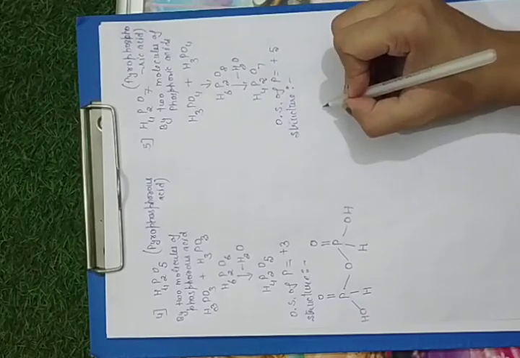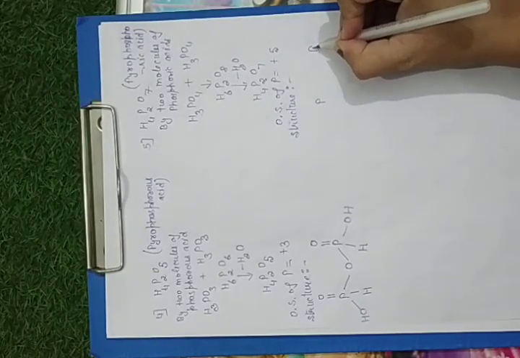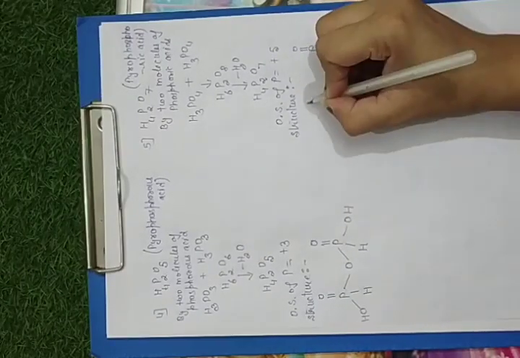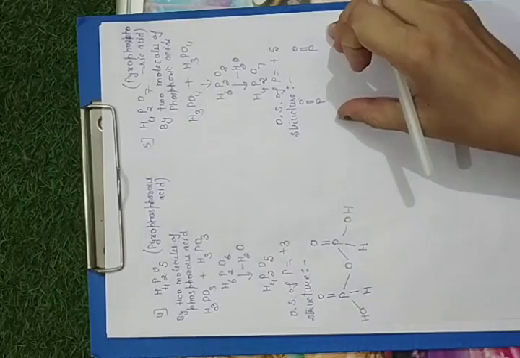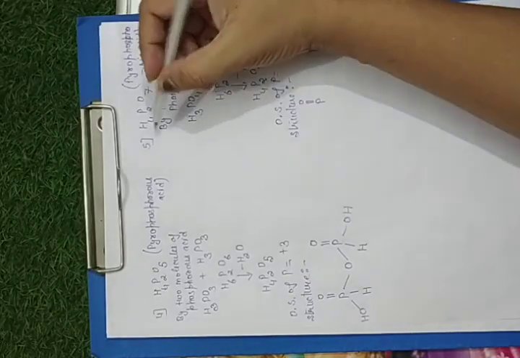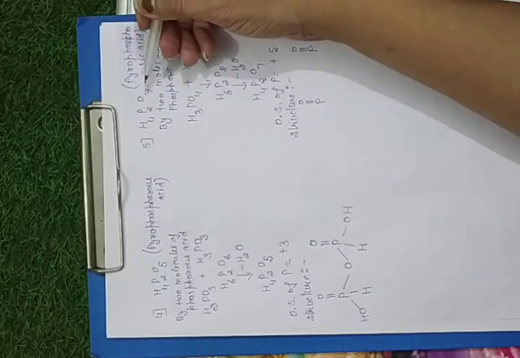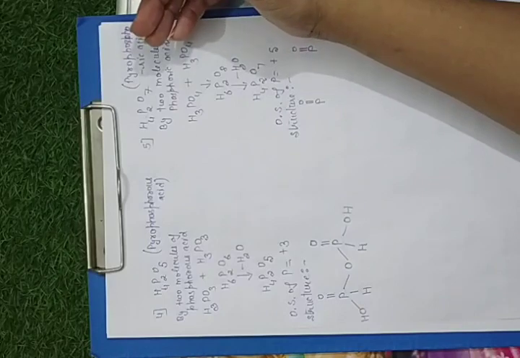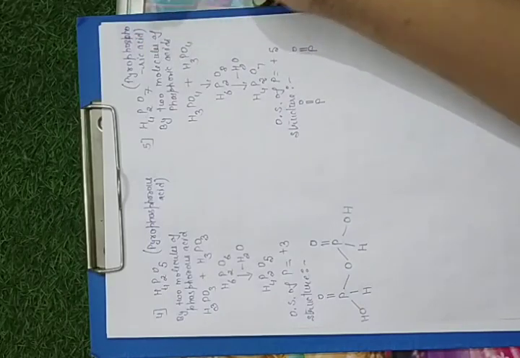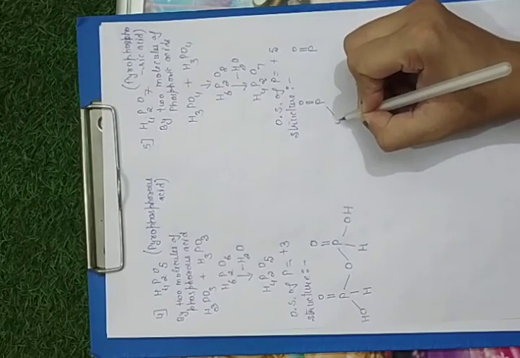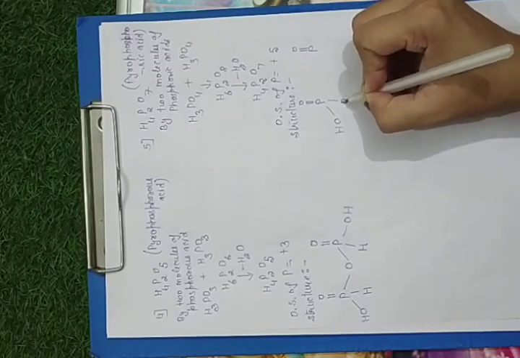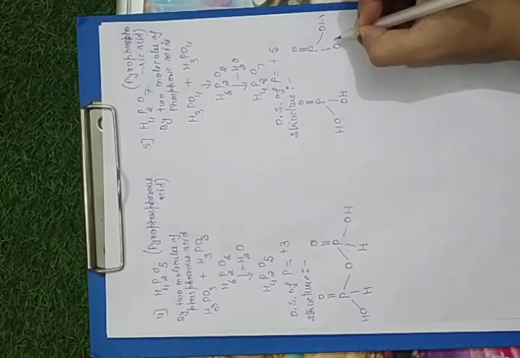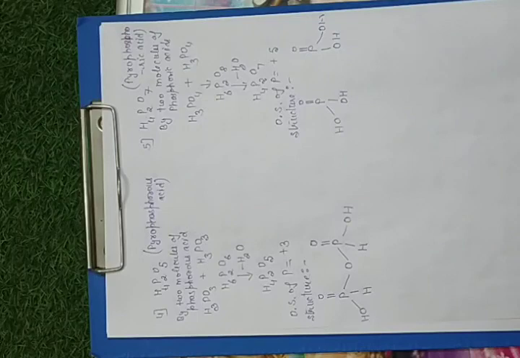Now for this structure, that is the same, put 2 phosphorus atoms with double bond O. After this, we are remaining with 4 atoms of hydrogen and 5 atoms of oxygen. It means 4 OH bonds are possible. So this one is OH, 2 with this phosphorus and 2 with this phosphorus.